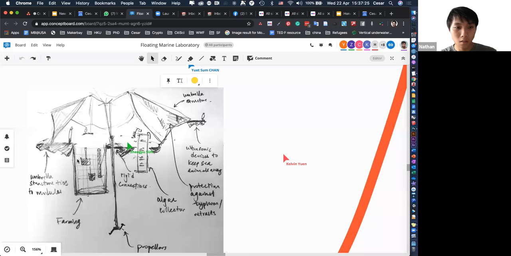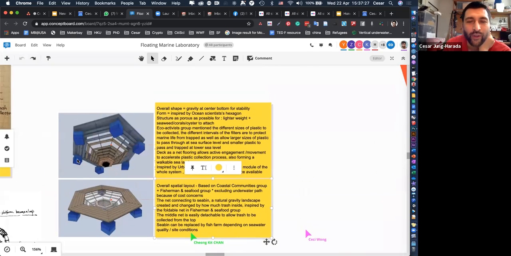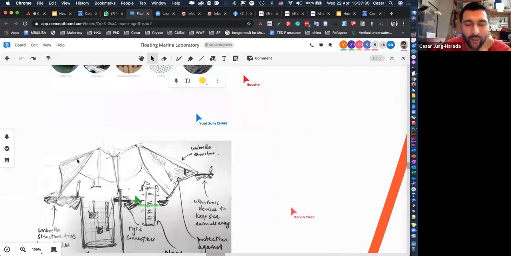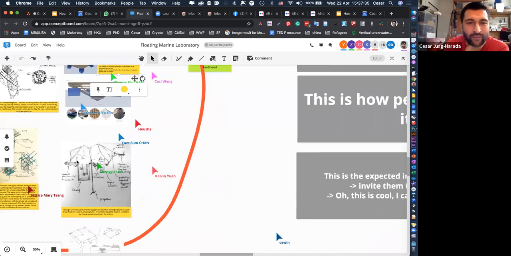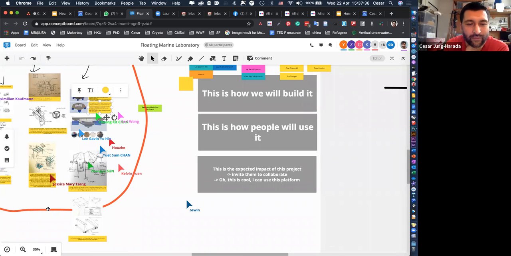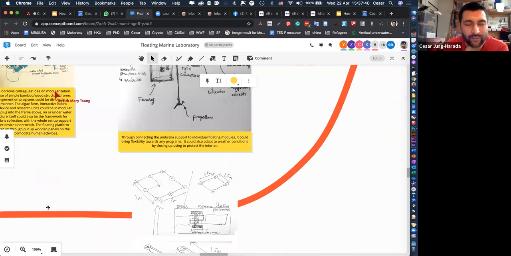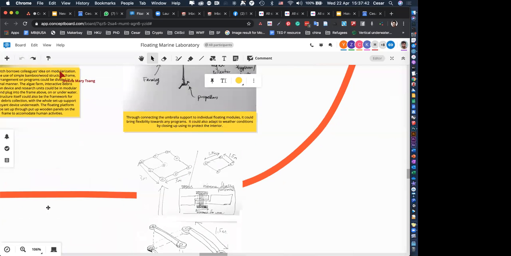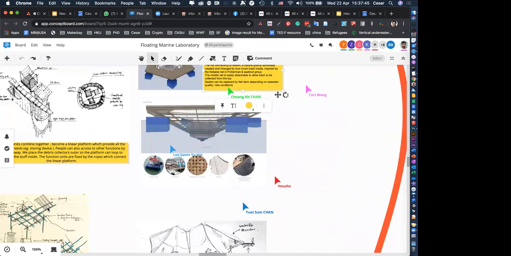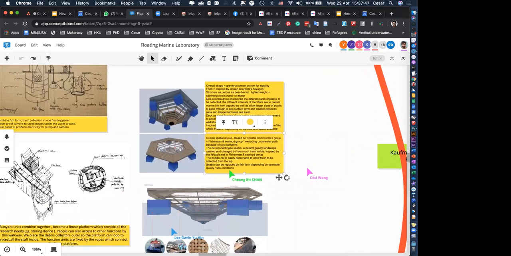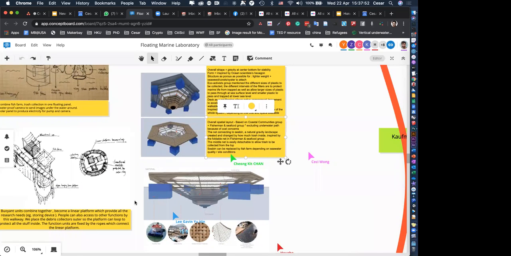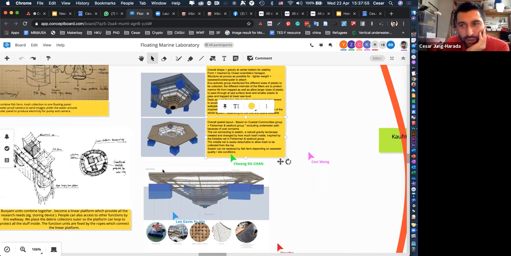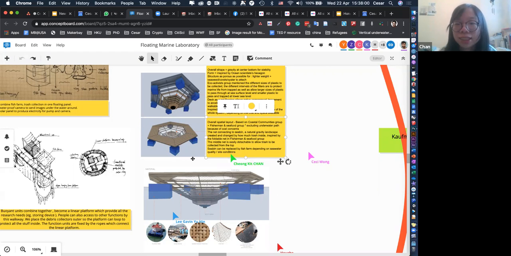Okay. Any question for the hexagon or the umbrella design? May I ask the dimension of the hexagon design? You mean why it's a hexagon?